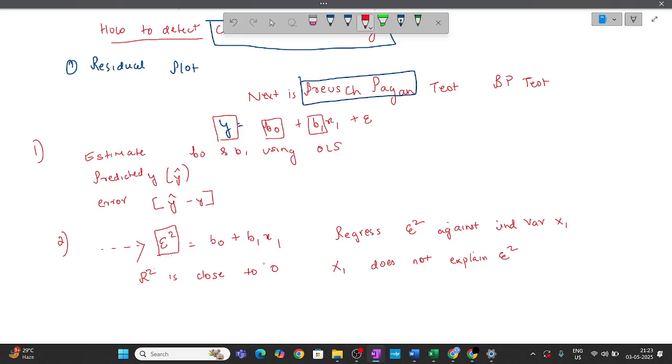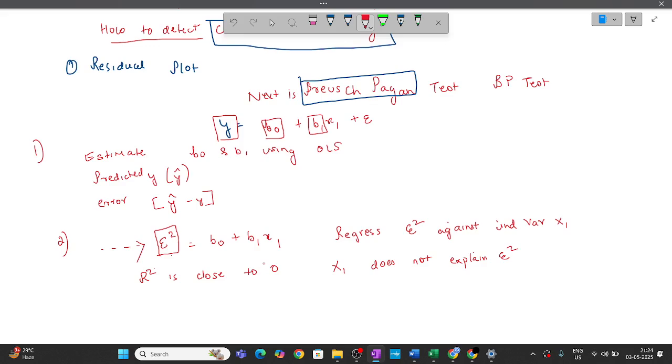समझ में आएगा ये? Why are we running this second regression? To check whether the independent variable x1 explains the error. So if the r square of this second regression is close to 0, what this means is that the independent variable does not explain the squared errors. समझ में आ रहा है guys? बोलो yes or no. Yes, sir. सबको आ रहा है कि नहीं.